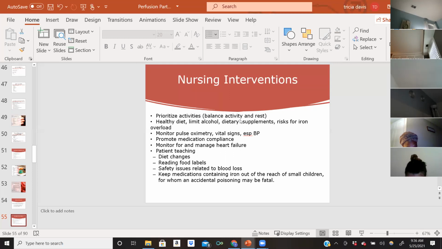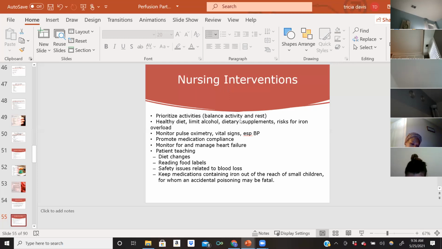And then we also want to encourage them to not take extra supplements that include iron, because then we could give them too much iron. So we're going to monitor their pulse ox, their vital signs, especially their blood pressure and their oxygen. We are going to promote medication compliance. We're going to monitor and manage any signs of heart failure. And then we're really going to do a lot of education.